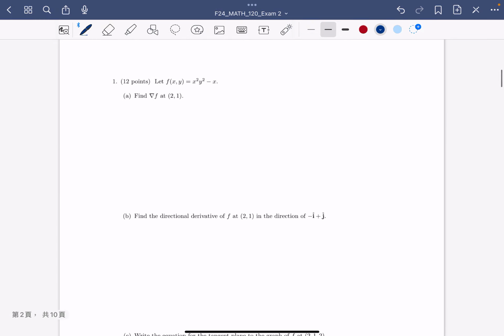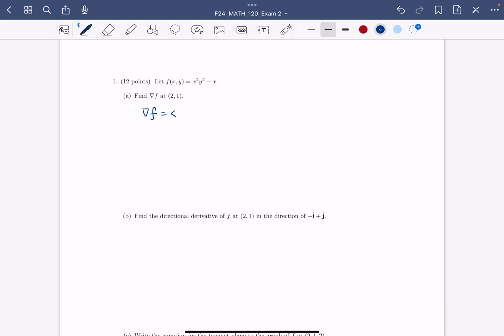So first of all, if you have a function of two variables, x and y, you have to find the gradient of f at the point (2, 1). We can easily do this by direct computation.